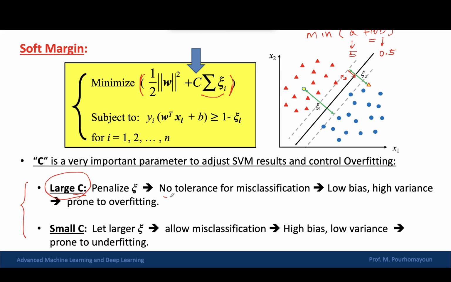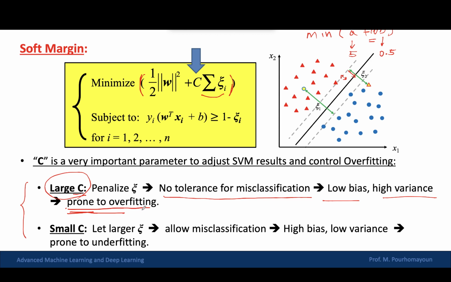So no tolerance for misclassification, no flexibility. When you increase C, you want to make sure that everything will be classified correctly. You don't tolerate misclassification. It means that your model has low bias, high variance, and it will be prone to overfitting.